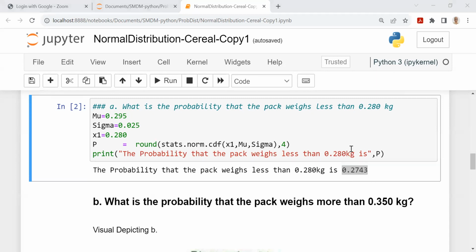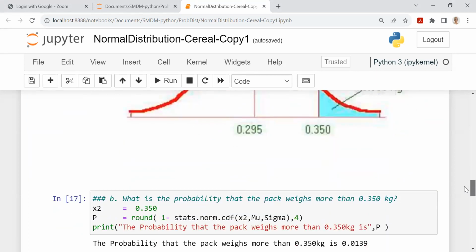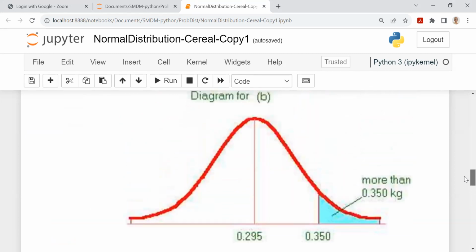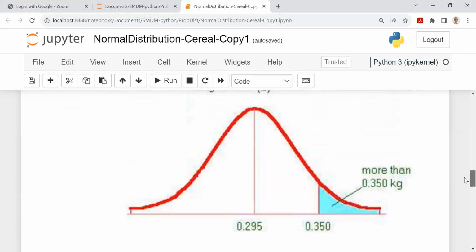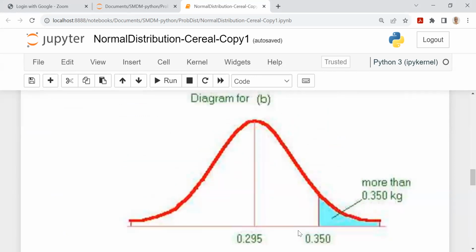Now let us look at B. You are asking what is the probability that the pack weighs more than 0.35. Look at the diagram now. It is right of the mean and 0.35 is here.